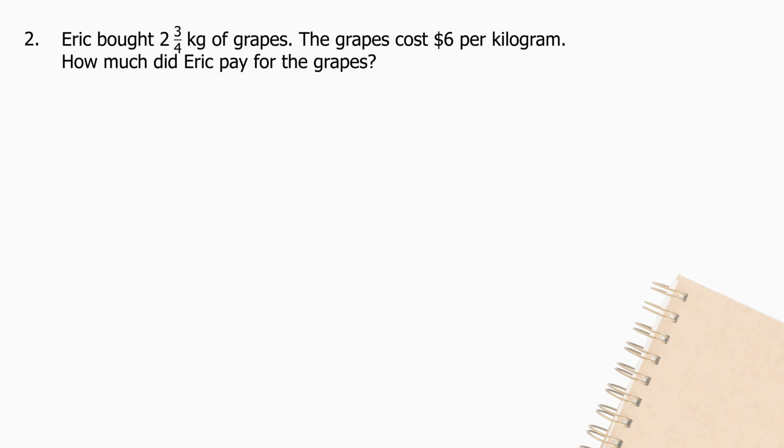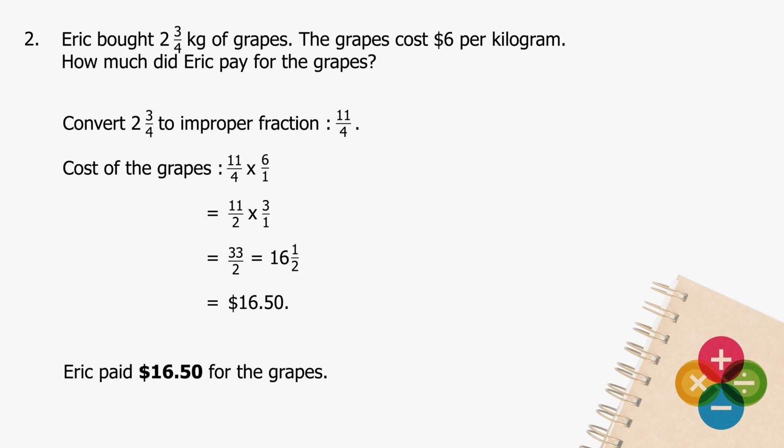Question 2. Eric bought 2.75 kilograms of grapes. The grapes cost $6 per kilogram. How much did Eric pay for the grapes? Convert 2.75 to an improper fraction, which will be 11/4.